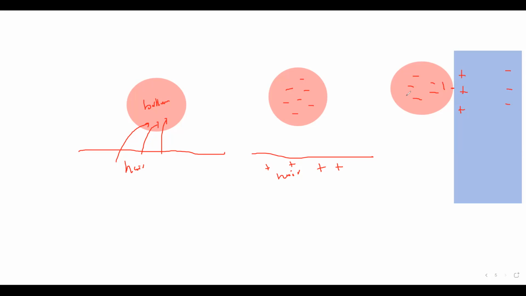This example, rubbing your balloon with your hair, you can also do as a simple experiment. Take a balloon, rub it with your hair for some time, and then bring it near the wall. You will find that the balloon will stick to the wall. Why will the balloon stick to the wall? Because of electrostatic induction. And why does the balloon get charged?